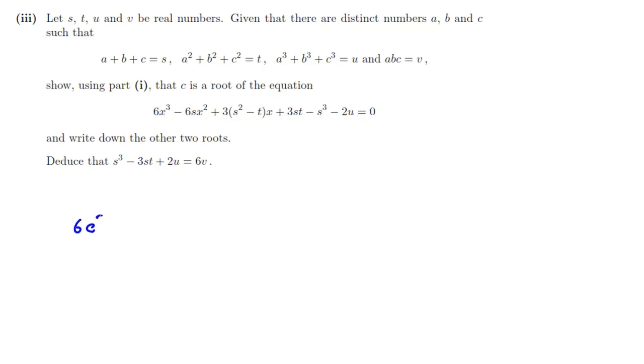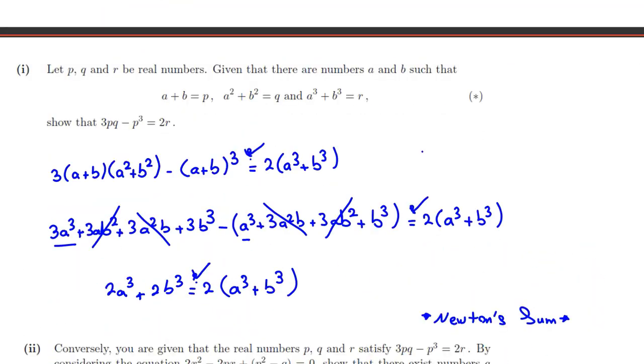So we should prove 6c cubed minus 6sc squared plus (3s squared minus t) times c plus 3st minus s cubed minus 2u equals 0. Okay, it says using part 1.